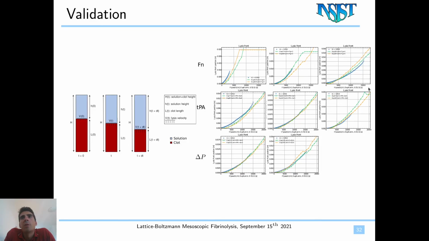Here, with the variation of TPA, we also get very good agreement, and also with the difference of pressure. So, given the initial conditions of the experiments, we were able to predict the lysis front position in time.